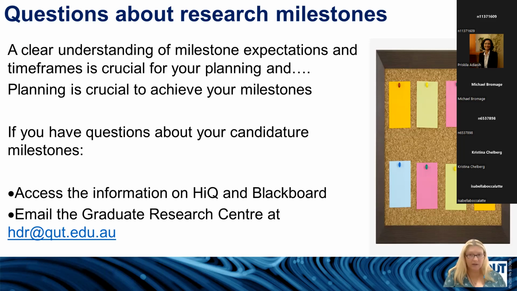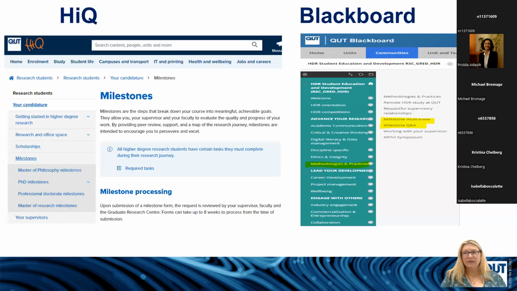I'll give you the link in the chat. And you can see here, there's the information on HiQ. And there's also really good information about milestones on Blackboard as well. There's a couple of videos. So please utilize all this information so that you know what you're doing and where you're going.